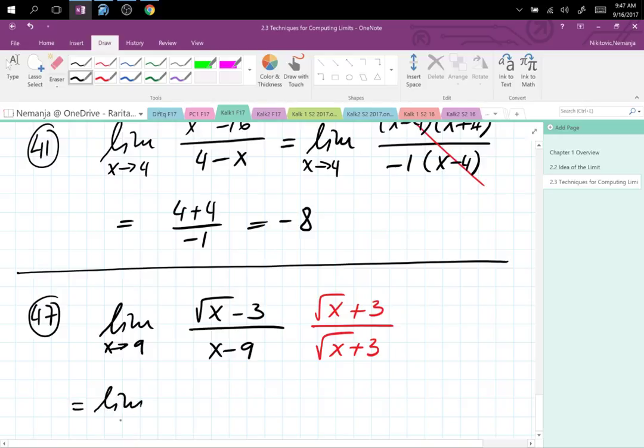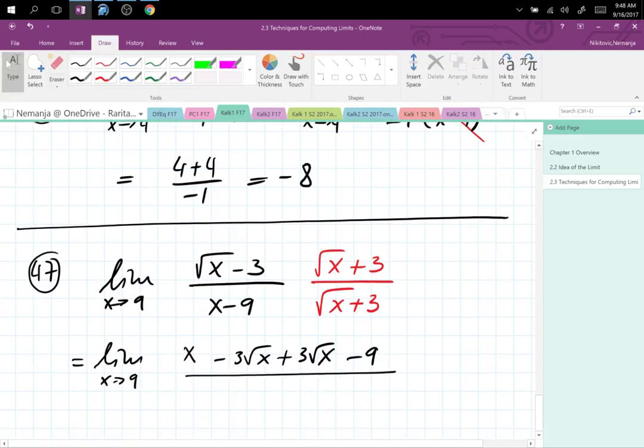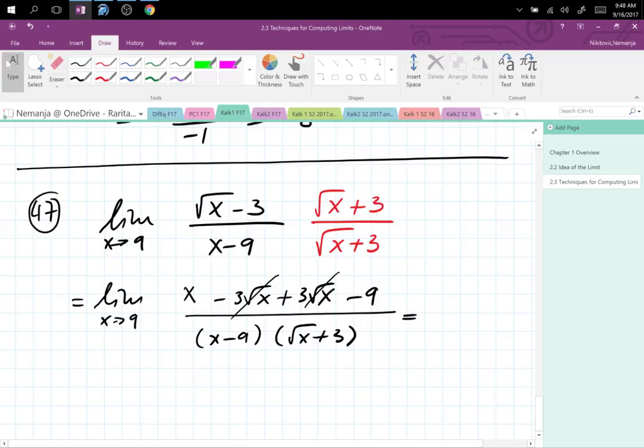All right, let's see what we get. Square root of x times square root of x is x, and then minus 3 root x, and then plus 3 root x, and then minus 9, divided by, I'm not going to multiply the denominator, we're just going to leave it as is. When you take a look at the numerator, it simplifies to just x minus 9, right?